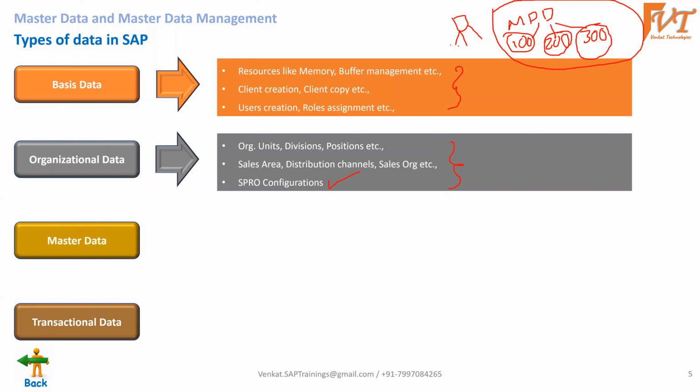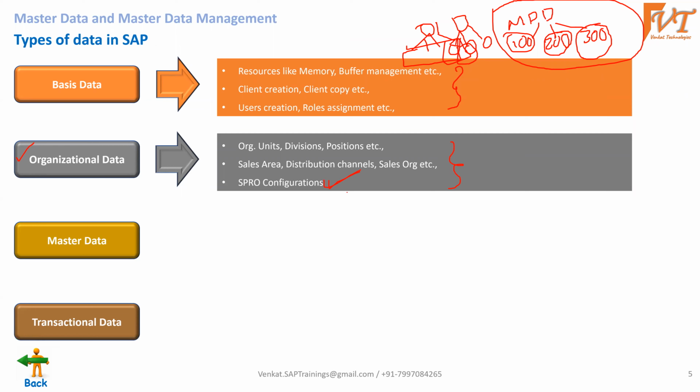So how do we organize all these things? In SAP, we create organizational units and divisions, and we assign positions to the resources. Under that, we assign the users. So if you take any organization unit, O1, whoever the users are under it fall under this organization. Those kinds of data are considered organizational data, as well as SPRO configurations.